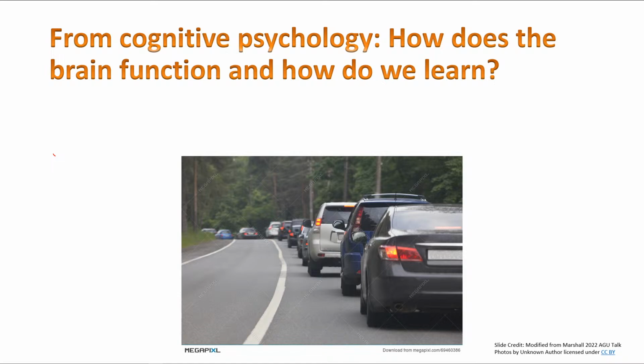From cognitive psychology I want to discuss two things. One is called cognitive overload, and the other is called picture superiority. So what is cognitive overload? Our brain processes text and visuals like figures in two different channels.